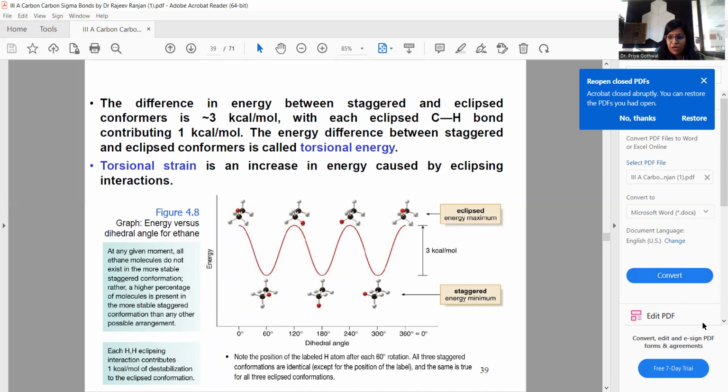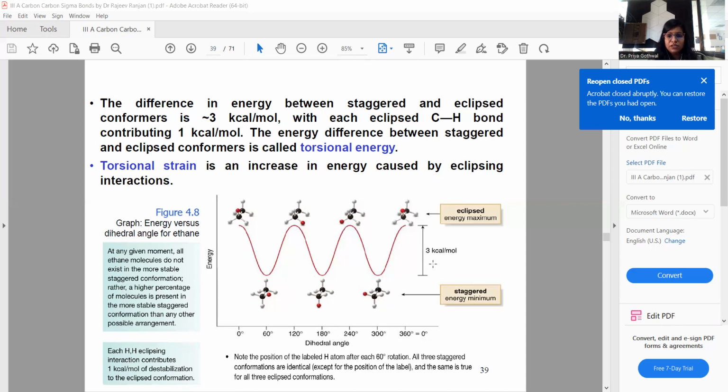Here I define torsional strain as an increase in energy caused by eclipsing interactions. The energy at the various dihedral angles for ethane is shown in this figure. The graph shows the energy along the dihedral angle at 0 degrees, 60, 120, 180, 240, up to 360 degrees.